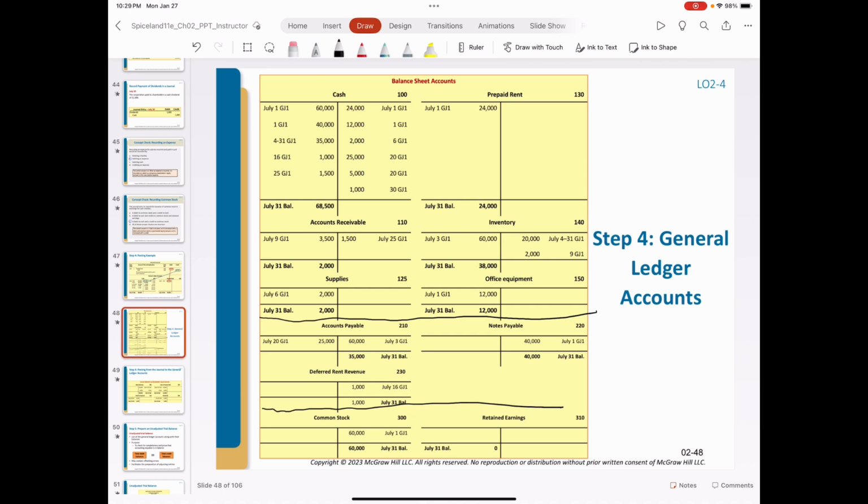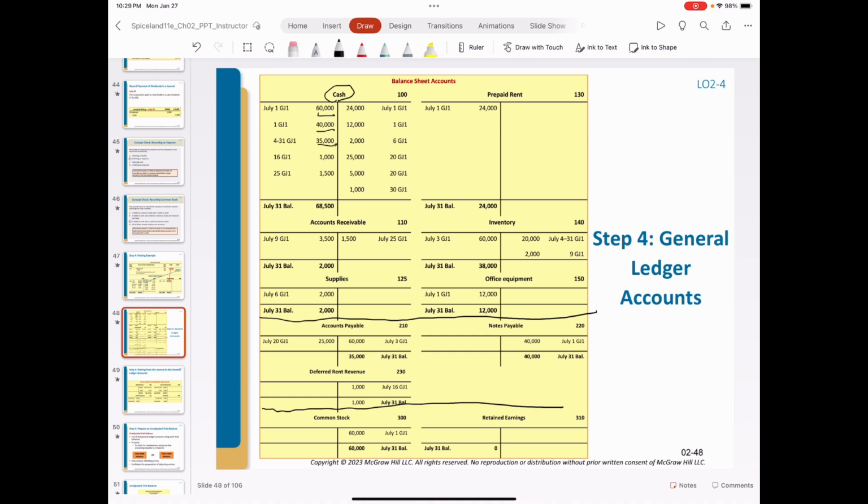Basically, it is a collection of all the accounts that are affected during this accounting cycle. The influence from the transactions were posted to each account. For example, for the cash account, there are 11 items.